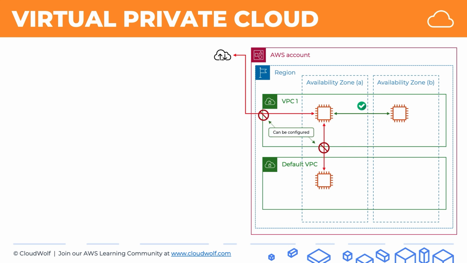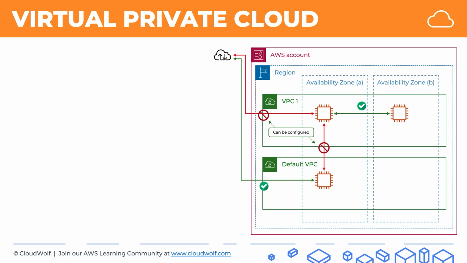So these are by default. Of course, they can be configured, but when you create a custom VPC, by default, it's not going to be able to communicate with other VPCs or the internet. Having said that, the default VPC in every region comes pre-configured for it to be able to talk with the public internet.